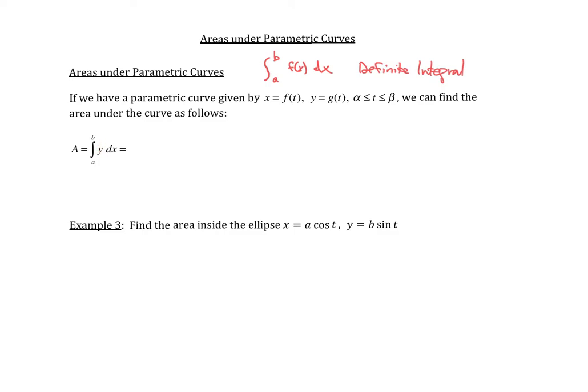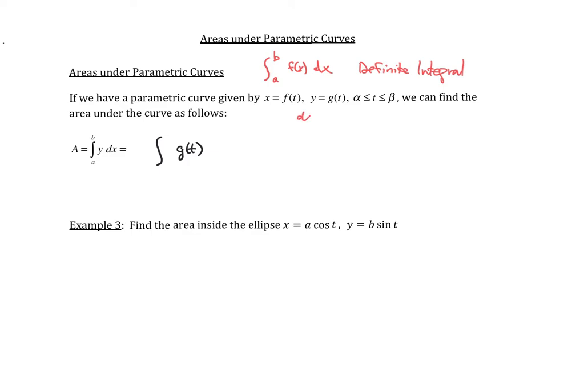So when I want to write the formula for this, the first thing I do is put an integral sign over here. I'm going to replace the y with the g of t. And I need to replace the dx. So what I'm going to do first is differentiate the coordinate function x.